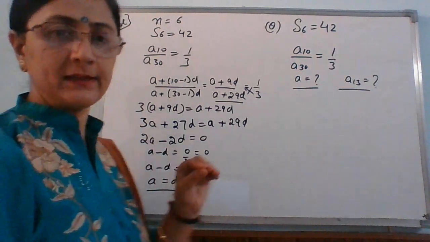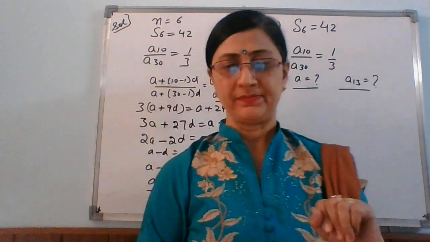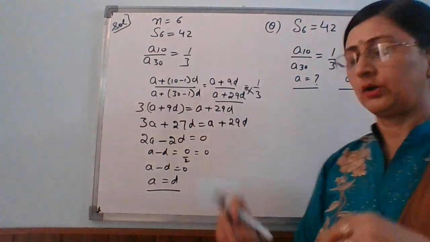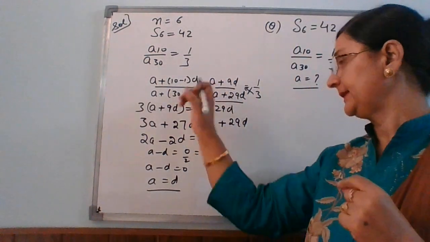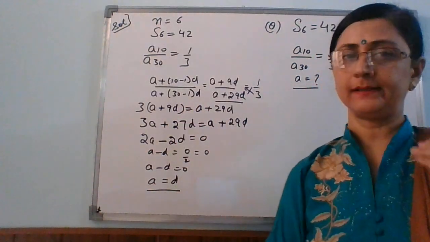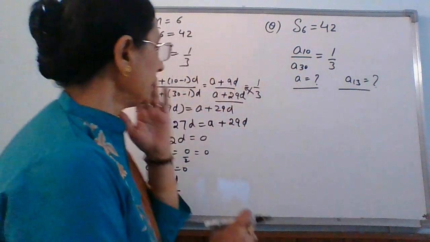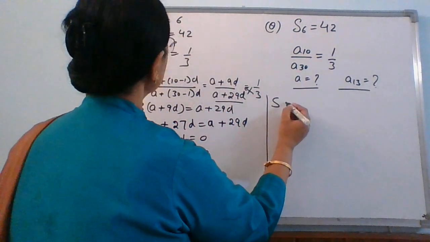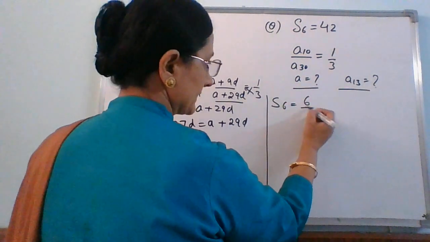So we have found that a and d are the same. Here what I did, I wrote the ratio of the 10th term and the 30th term in terms of a and d, solved the equation, and found that a and d are the same. Now we will apply the formula of sum because S6 is given, that will be 6 by 2.